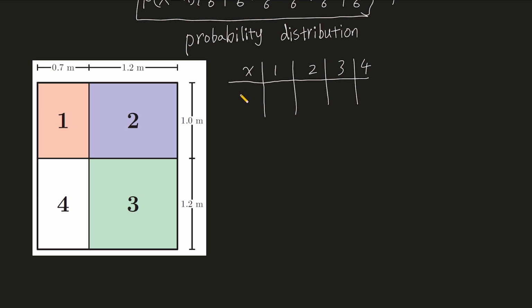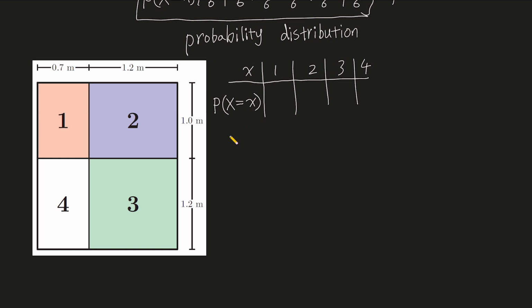Now the probability that the random variable equals each value is proportional to the area of the corresponding region. For example, the probability that the random variable equals 1 is proportional to the area of region 1. The probability that the random variable equals 2 is proportional to the area of region 2.